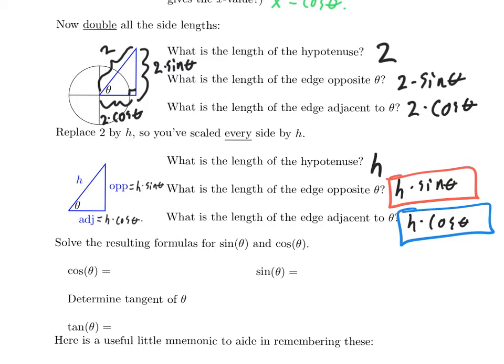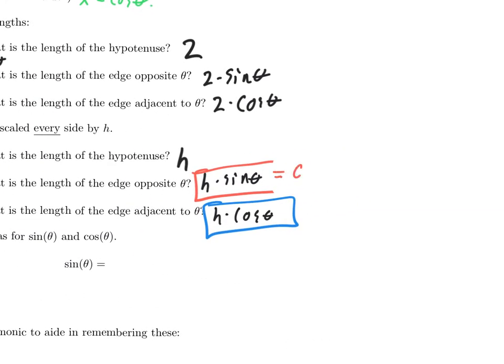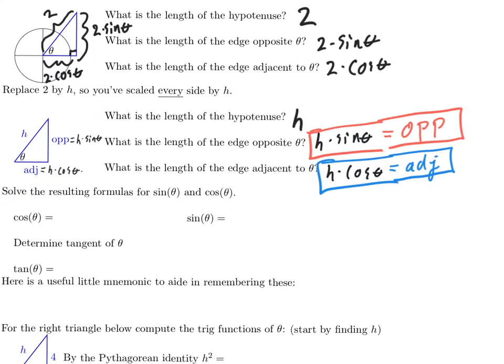When I say solve, there better be an equation, which implicitly there is. h times the sine of theta is equal to the length of the side opposite, and h times the cosine of theta is equal to the length of the side adjacent. So you could solve that red equation for sine theta, and you would wind up with the fact that sine of theta is the length of the side opposite divided by the hypotenuse.